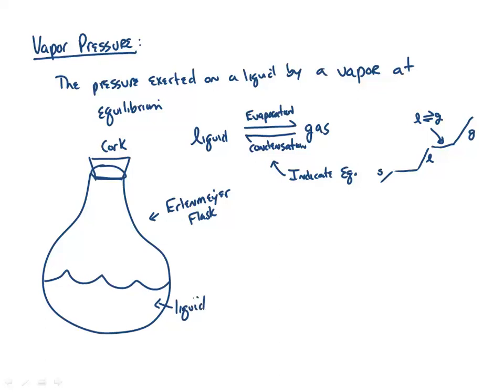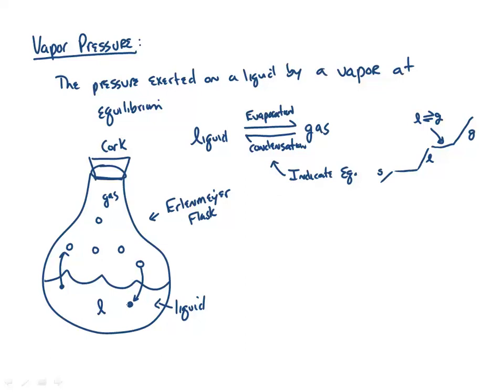What we have to understand about vapor pressure is that we constantly have particles in the liquid going into the gas phase. And this is going to be my gas up here. And we constantly have particles in the gas phase returning to the liquid phase.